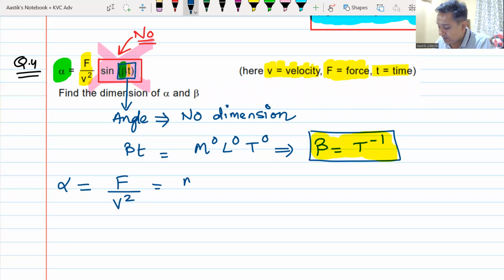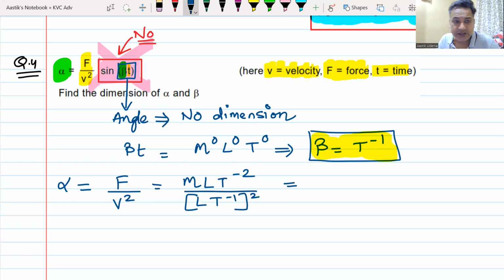If we understand this, we just put the dimension of force, which is mlt minus 2, divided by the dimension of velocity square. The dimension of velocity is lt minus 1. Square it, we divide it, and we should be getting the dimension of alpha from here.